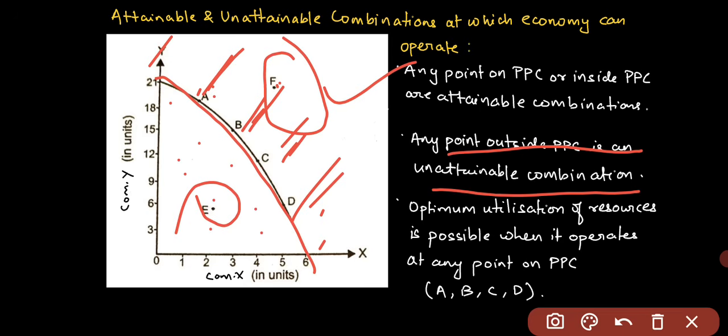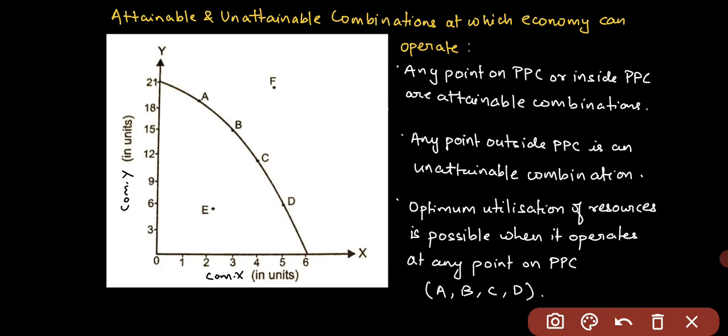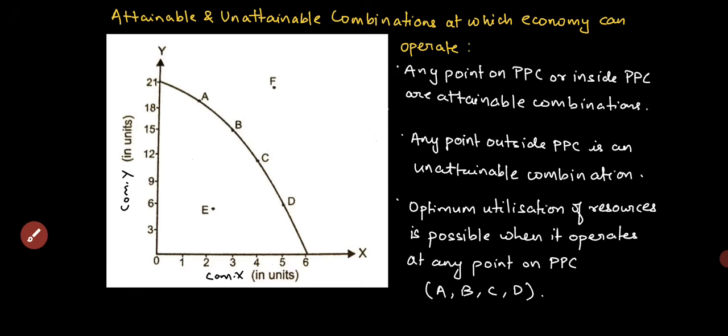But when we are producing inside the curve, we say that our resources or technology are not efficiently utilized. So, by efficient use of resources and technology, we can produce only on the points of the production possibility curve, right? Then next we will go.